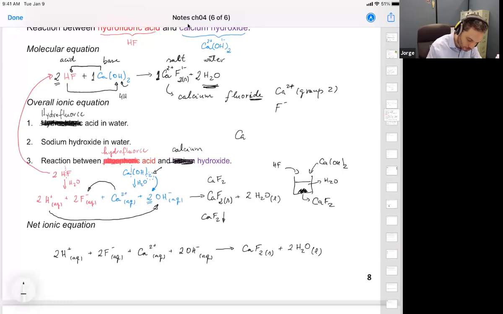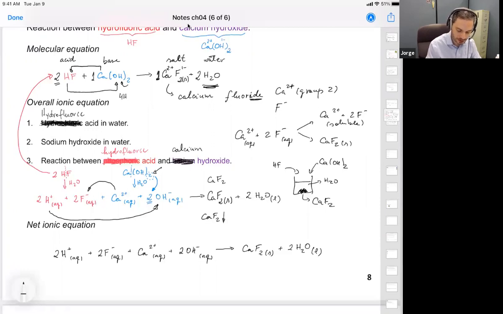When calcium 2+ combines with fluoride, again, there are 2 options. They are either separated ions in solution if it is soluble, or they form such a strong bond that they become a solid.